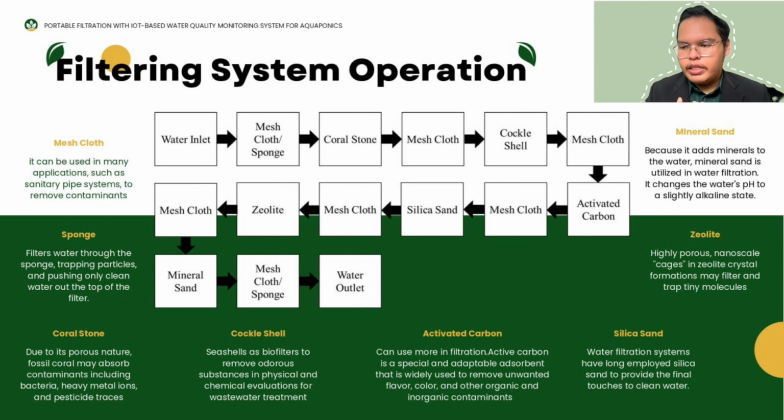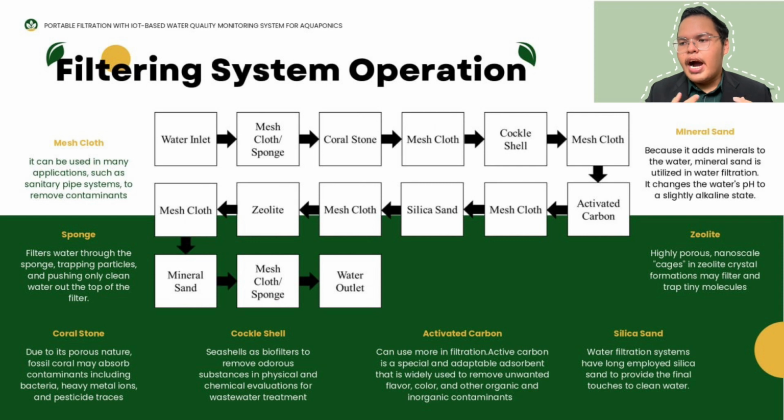Activated carbon is also a special and adaptable absorbent that is widely used to remove unwanted flavor, color, and other organic and inorganic contaminants. For silica sand, water filtration systems have long employed silica sand to provide the final touches to clean water.